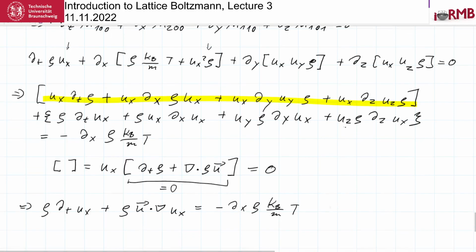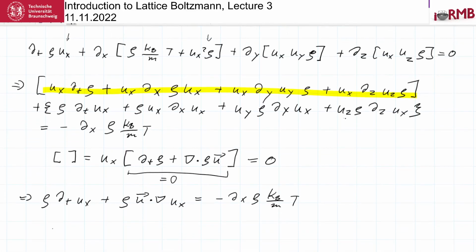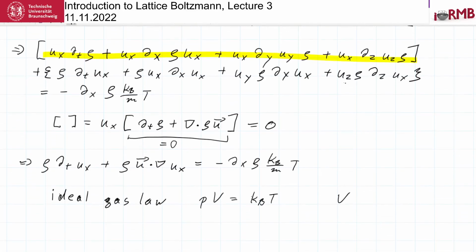This comes from the so-called equation of state, and we'll take the equation of state of an ideal gas, the perfect gas law here, which is the pressure times the volume is equal to k Boltzmann and T, and the volume is equal to 1 over the density, which means that we can write this as P, so the pressure, is equal to rho k Boltzmann T.